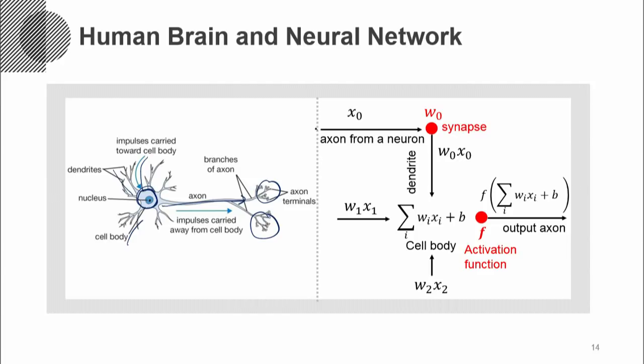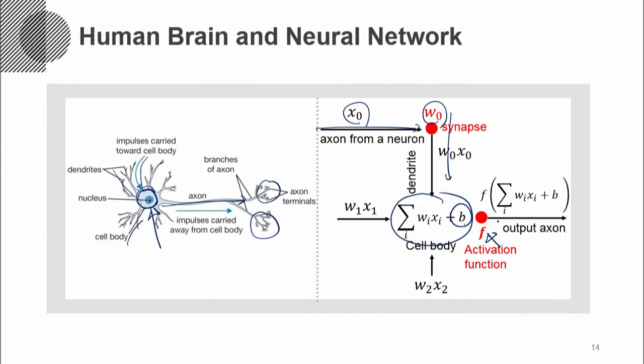When given an input, x0 and x1 and so on, they are weighted by some weighting factor. Then these weighted inputs are combined in the middle here, and after adding a bias term, or constant term, it generates an intermediate output.